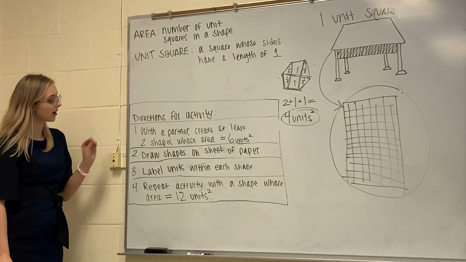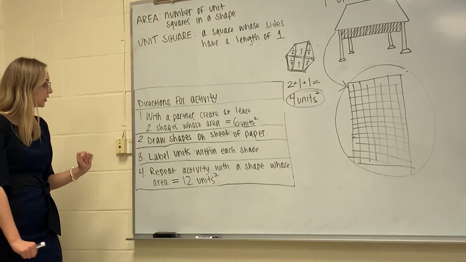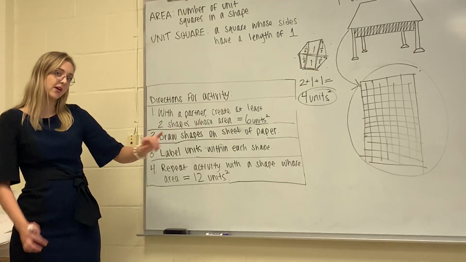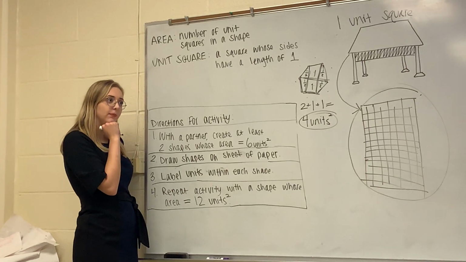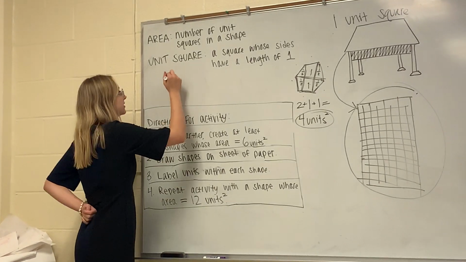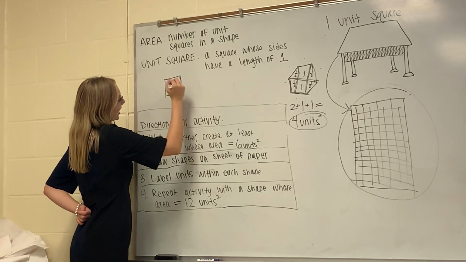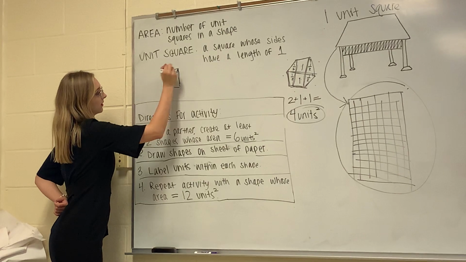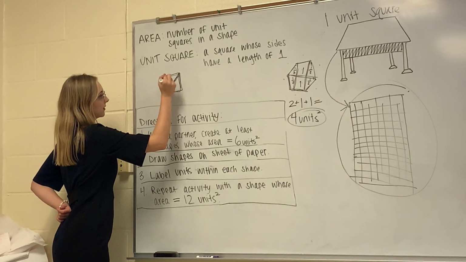After you model it, I want you to draw that shape on a sheet of paper, and then label the units within each shape. For example, if I am modeling a shape whose area is 1 unit squared, and I decide to make it like this, I'm going to label it like this.